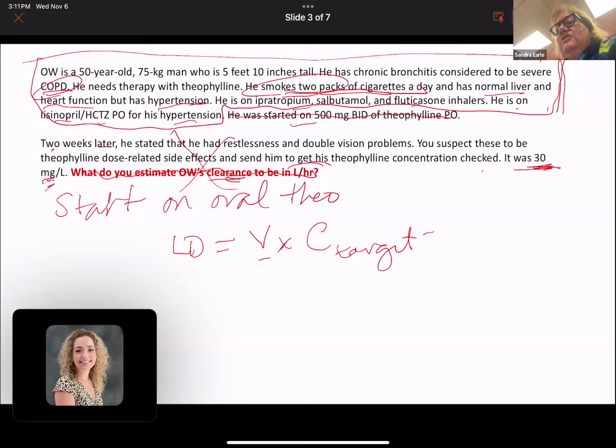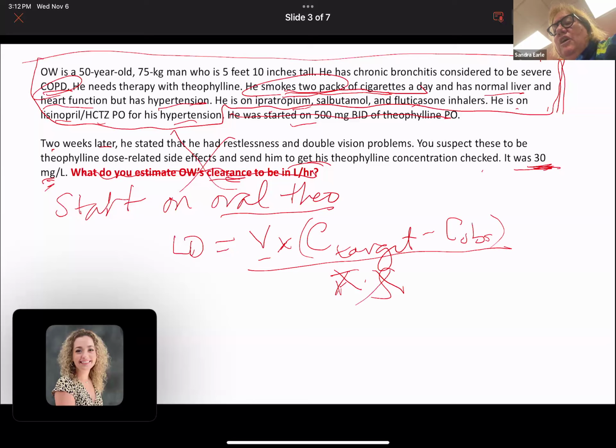And then if there's any drug already they have on board, you have to consider that. You also have to consider bioavailability and salt form. Now, in this case, if we're just giving oral theophylline, we don't have to worry about bioavailability or salt form. And as far as we know, he doesn't have any drug already on board. And let's say our target is 12 milligrams per liter, just for the heck of it right now.